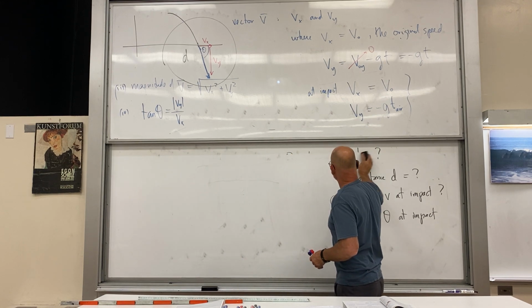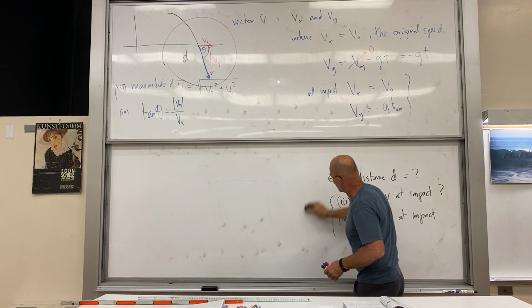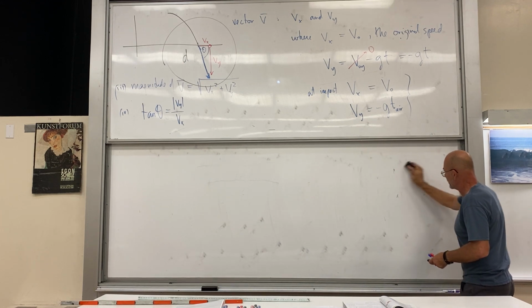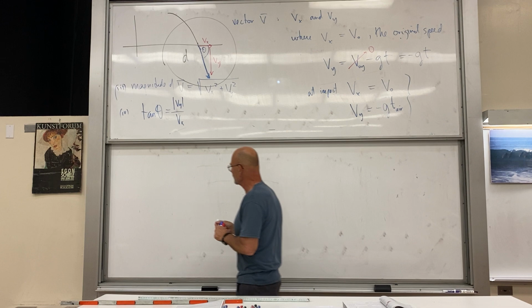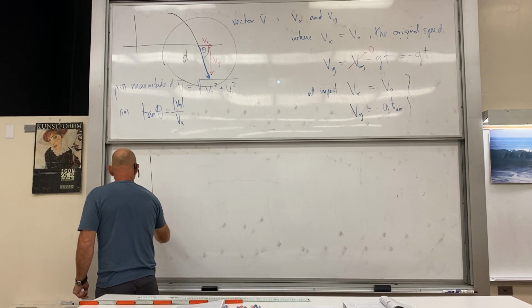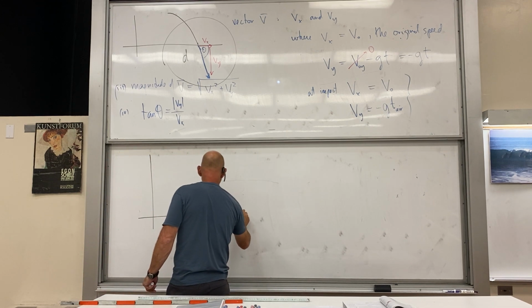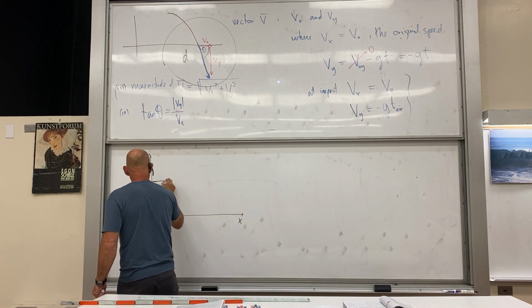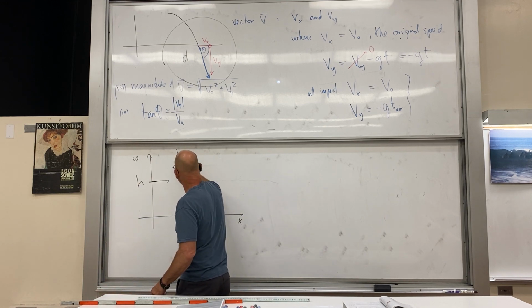Let's just draw that picture one more time of the horizontal throw. So once again, we've got our x and y axis. We launch horizontally from a height h, perfectly horizontally.